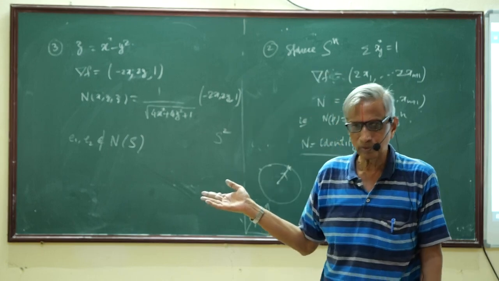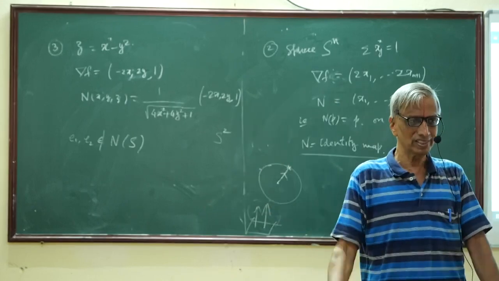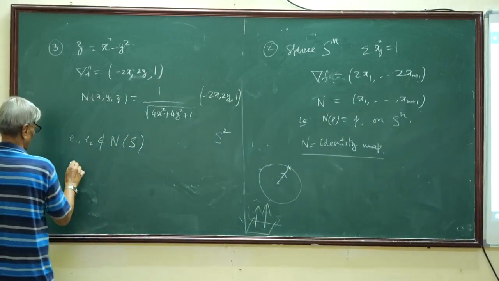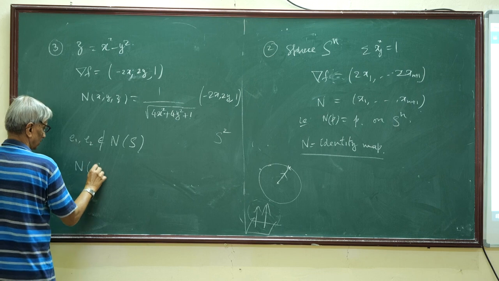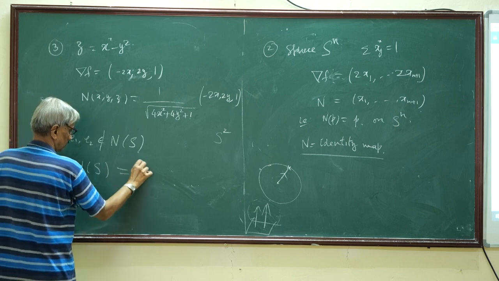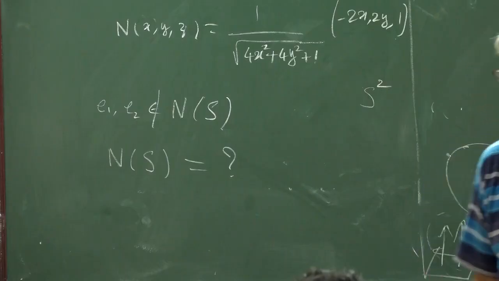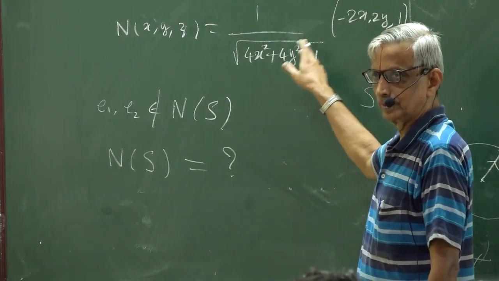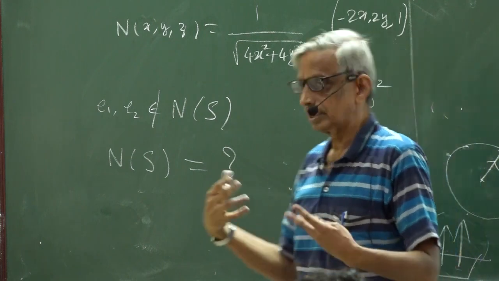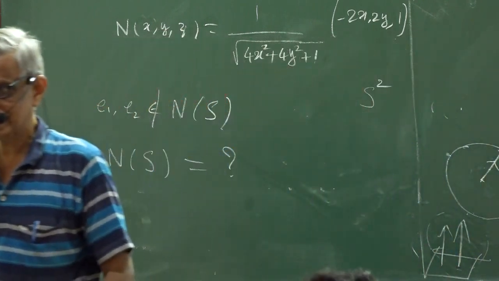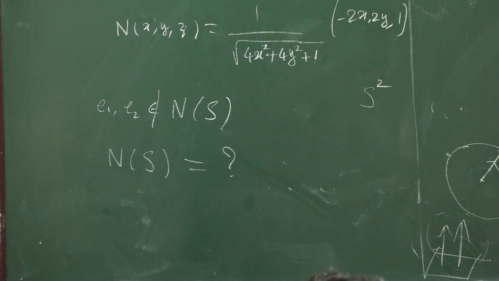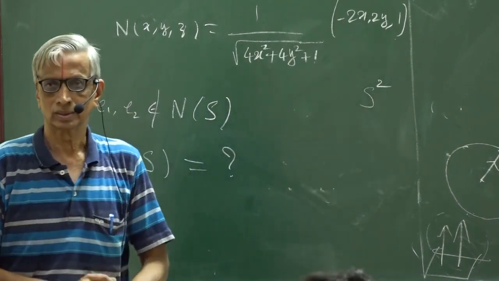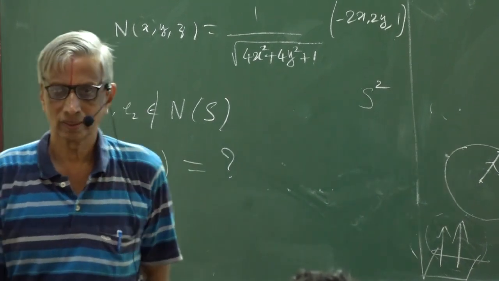Can you tell me what exactly the image is? All points of this form, x and y are arbitrary real numbers. So what is the set of all such points?